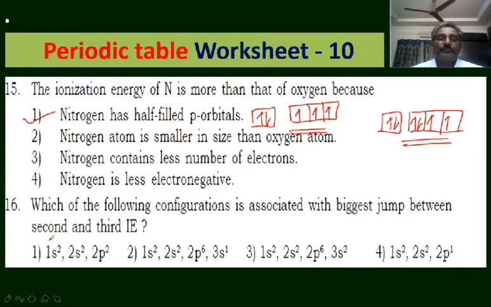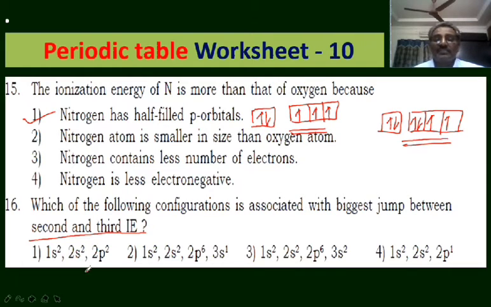That means there is a biggest jump between second and third ionization energies, meaning after the loss of second electron, the removal of third electron is very difficult. That means after the loss of second electron, the atom should have the inert gas configuration. That means there should be 8 electrons after the loss of second electron. So there should be 2 electrons in the valence shell.